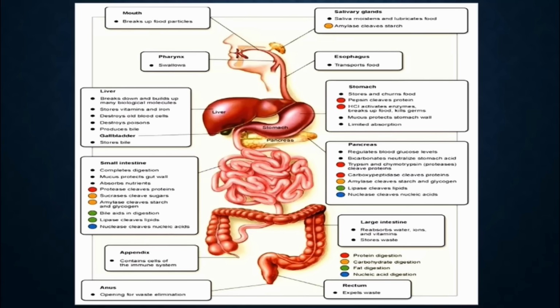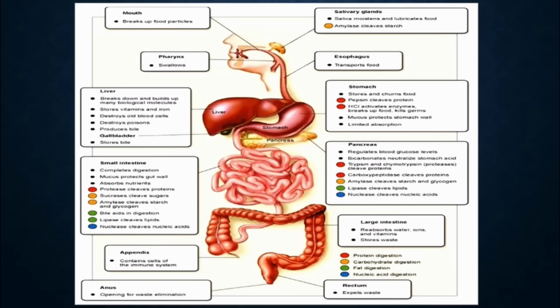We can use this type of chart for a better understanding of the human digestive system, because digestion is nothing but the breaking down of larger complex food materials into simpler food materials. That is, carbohydrates are digested into glucose, proteins are digested into amino acids, and fats are digested into fatty acids and glycerol.